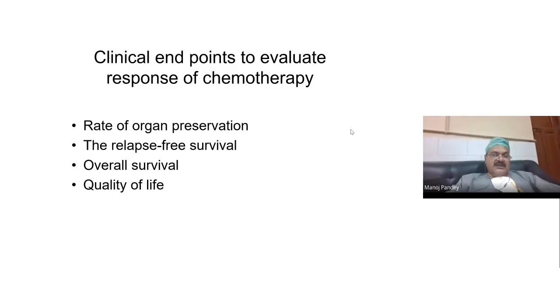In metastatic disease, or a disease where it is cured, where the chemotherapy is used as the adjuvant, you look at relapse-free survival. That means the amount of time a person who has been treated with chemotherapy remained without a recurrence or a relapse. Overall survival is the time a person lives from the time you start the treatment till his death.